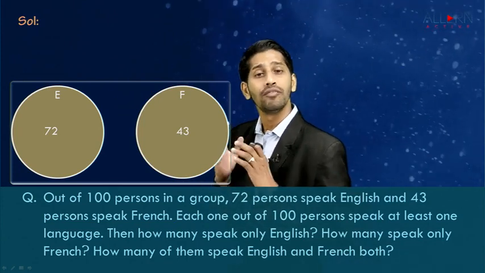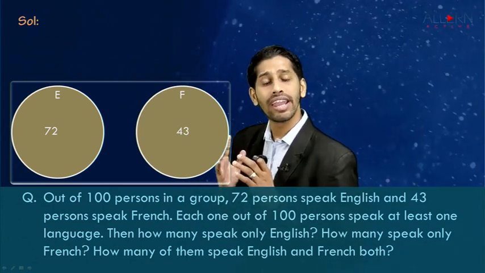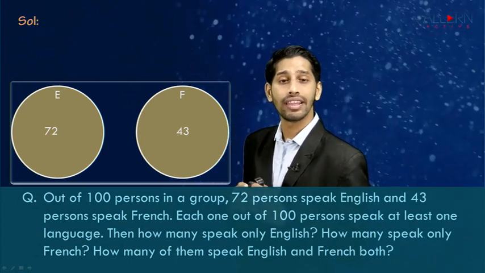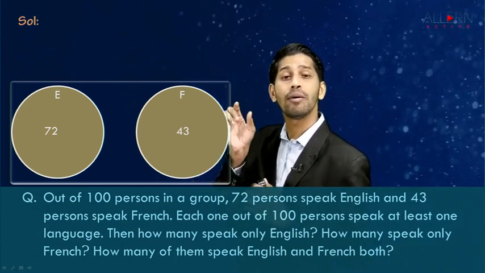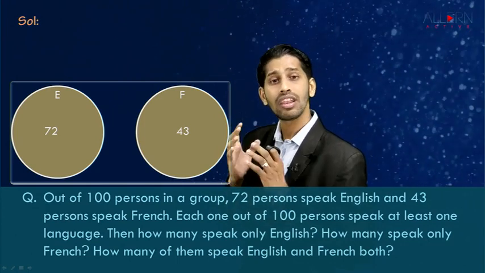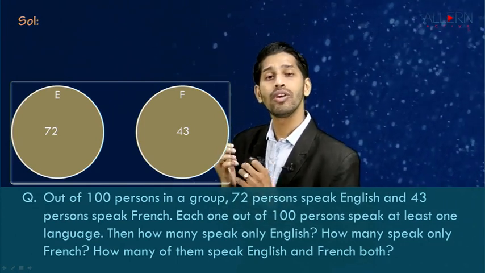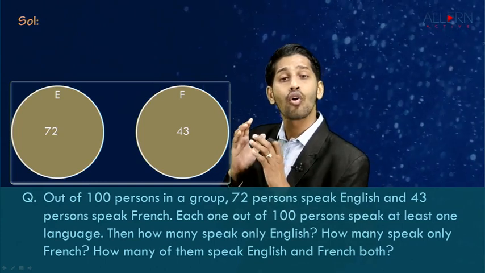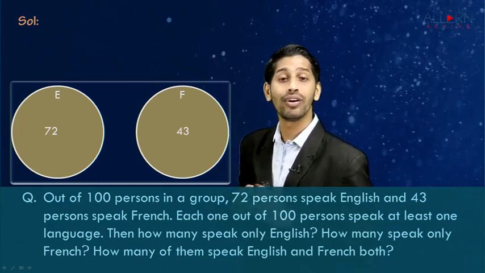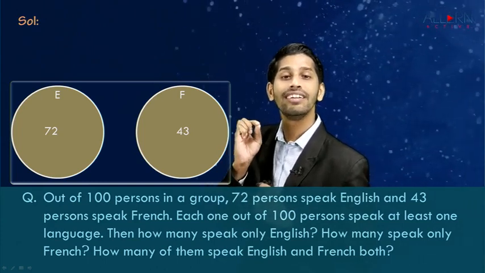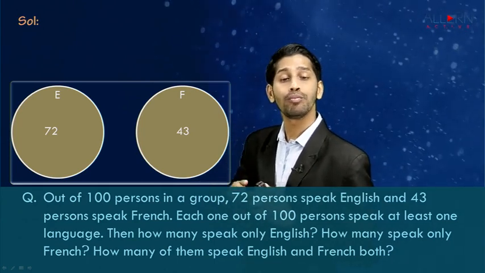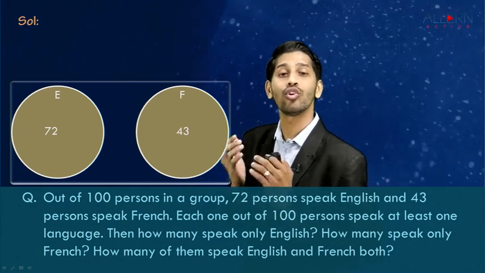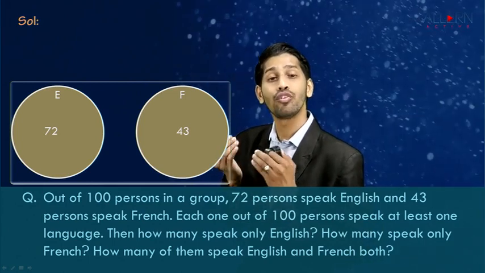Now, whenever we draw Venn diagram, we have always seen one thing, that we need to intersect both circles such that we get some portion to be common. Now, so far whatever sums we have discussed, always that common portion value is given to us, that is n of E intersection F. But in this sum, number of person who speak English and French is not given, rather than we have to find.